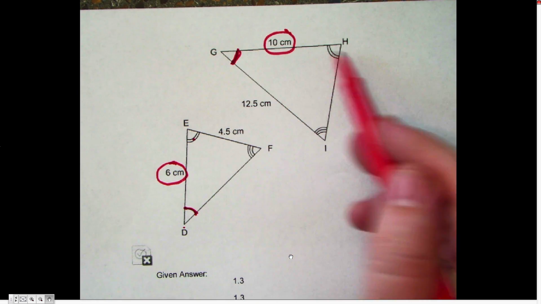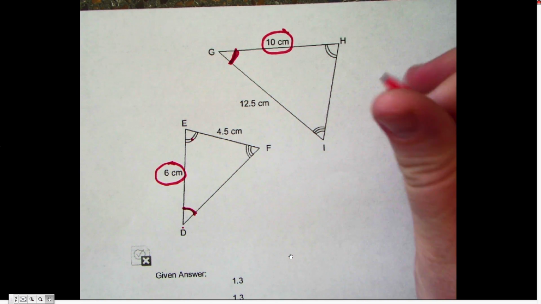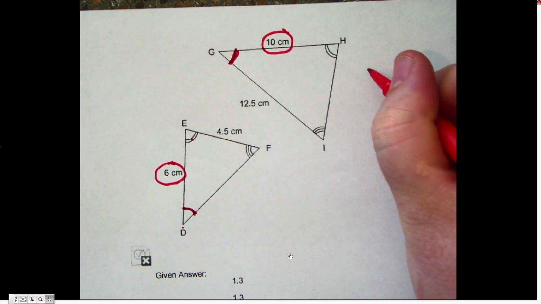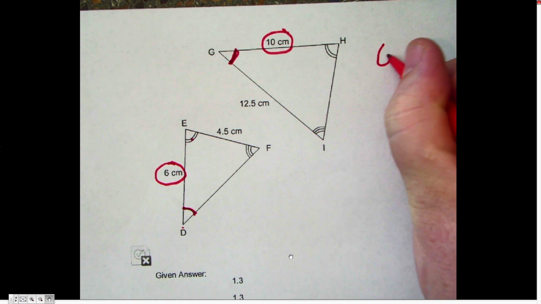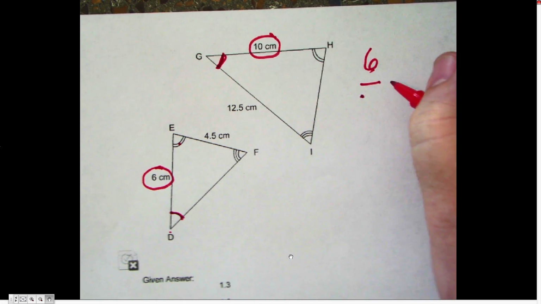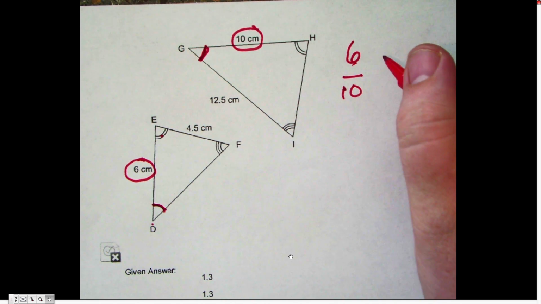We go from D to E, one line to two lines, so G to H, and we find that those sides are the same. This side is 6, and the other one goes to 10.